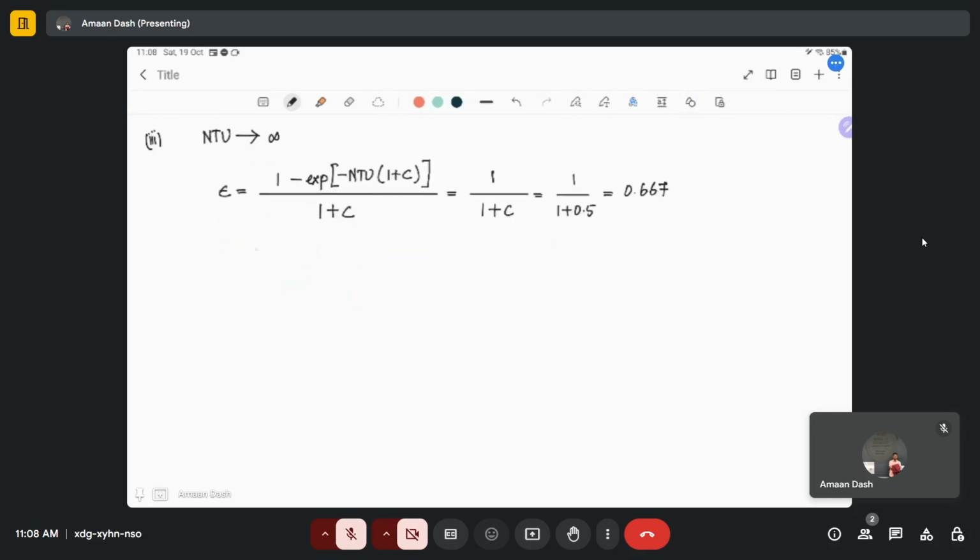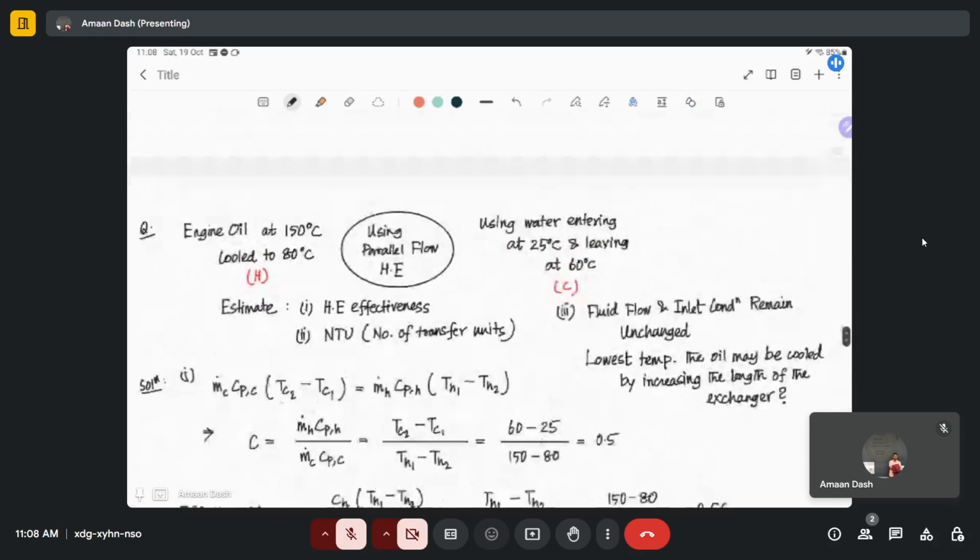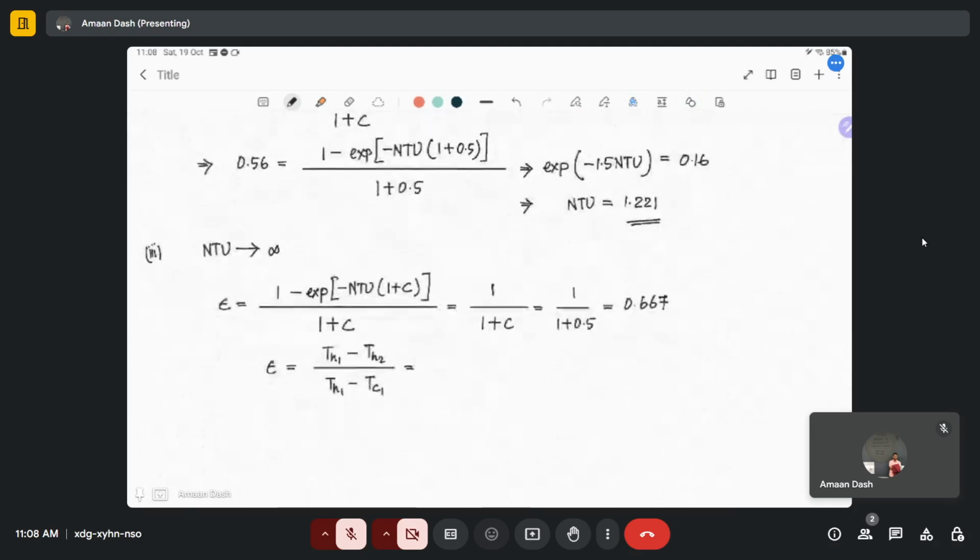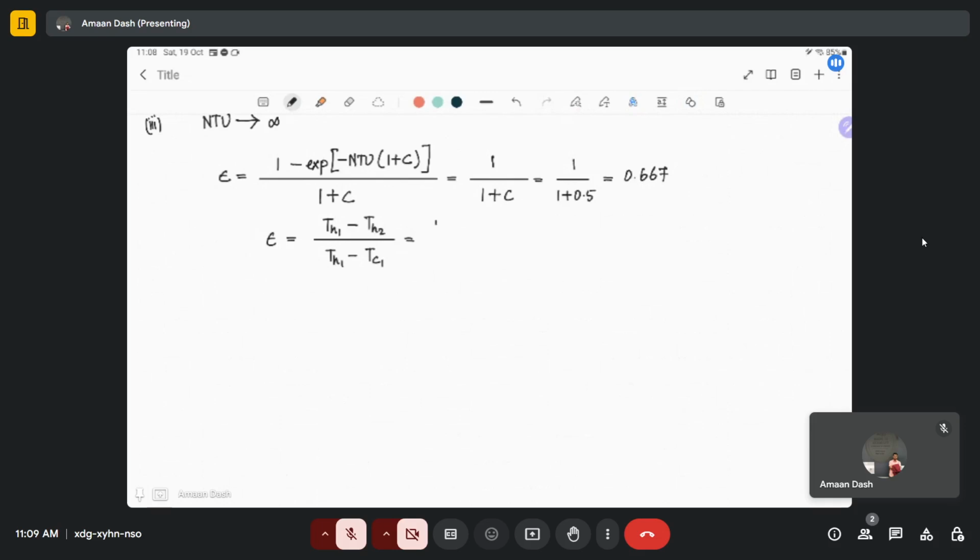Now you can again obtain this as TH1 minus TH2 divided by TH1 minus TC1. So this is equal to 0.667, with TH1 as 150.